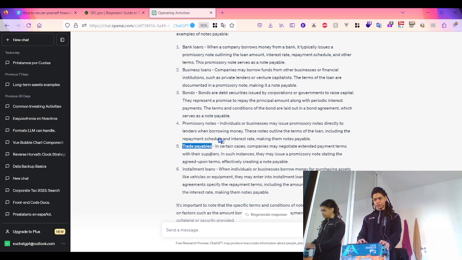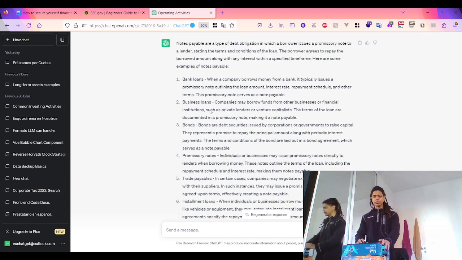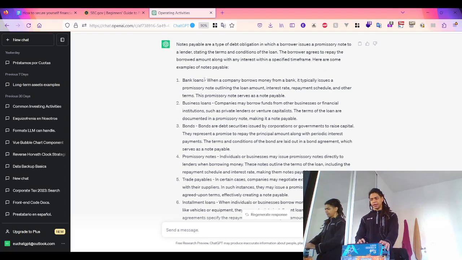Trade payables and installment loans. Okay, so you have here bank loans and business loans. Anytime a company asks for a loan from a bank, it is generally a notes payable, as well as the business loan.